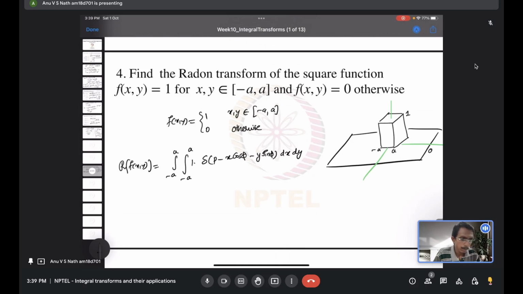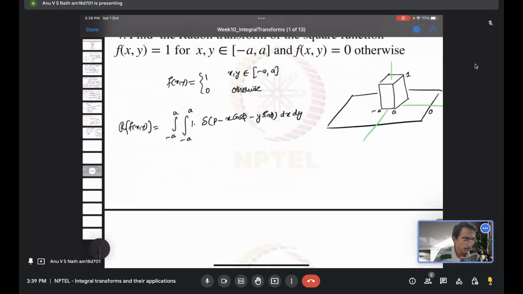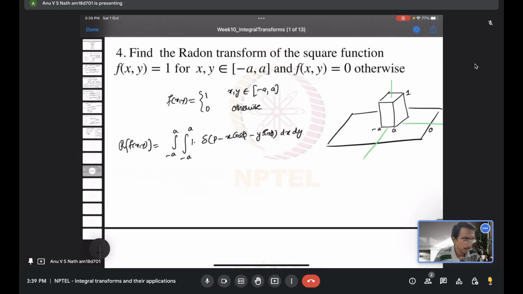That's why that integral explicitly doesn't appear here. It's like we did the same thing for the Fourier transform or Laplace transform of the Heaviside step function. Same idea here also. It's a box function in 2D, so related to the Heaviside function.